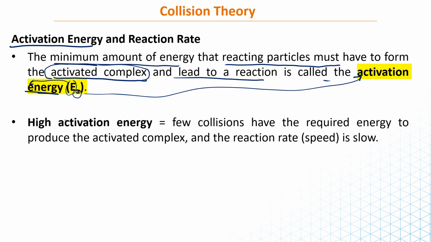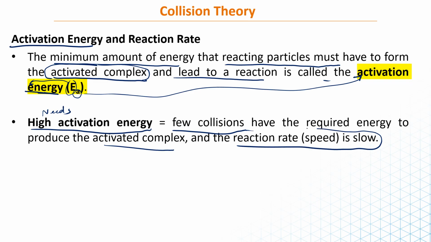So what does it mean if a reaction needs high activation energy? إذا التفاعل يحتاج high activation energy or فيه high activation energy, then few collisions have the required energy to produce the activated complex. يعني فقط قليل من التصادمات اللي هي الصحيحة حتحدث. And the reaction speed is slow.